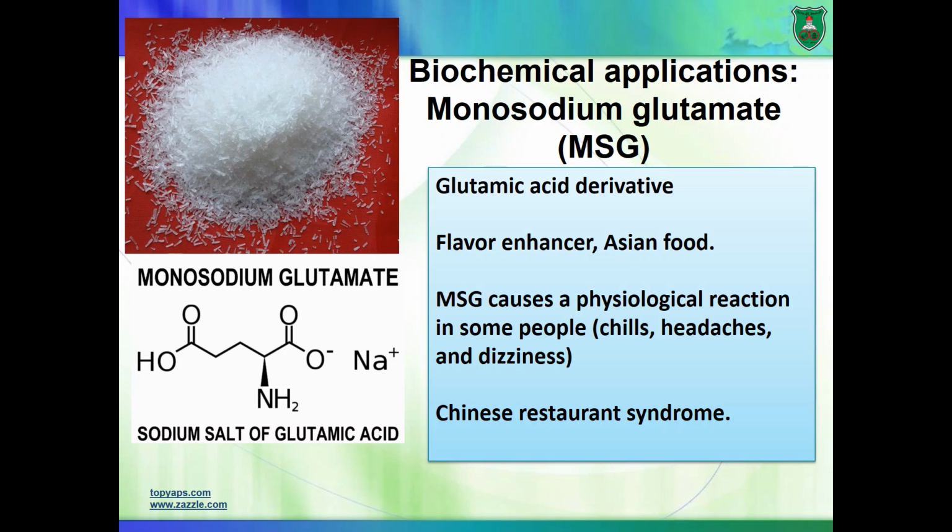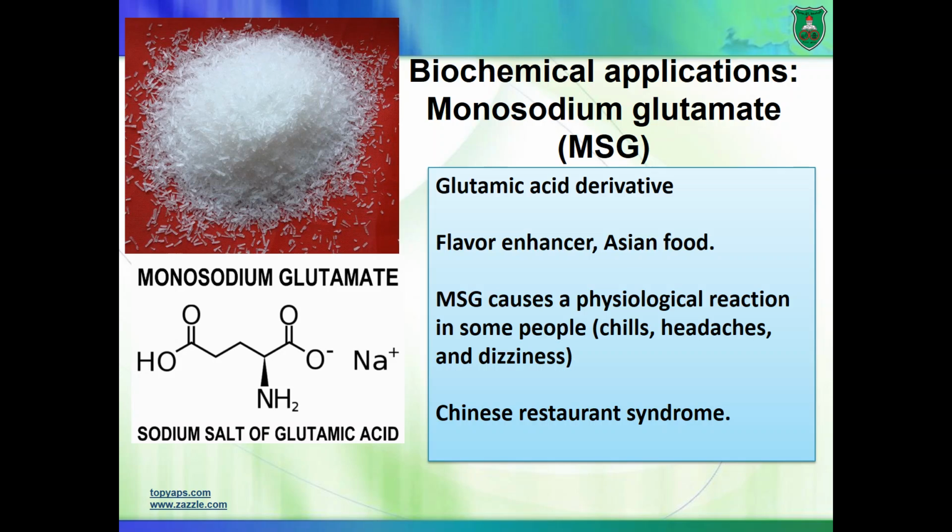Okay. Now let's talk about an important derivative of glutamate known as monosodium glutamate. Monosodium glutamate is used in the food industry, especially added into Asian food.